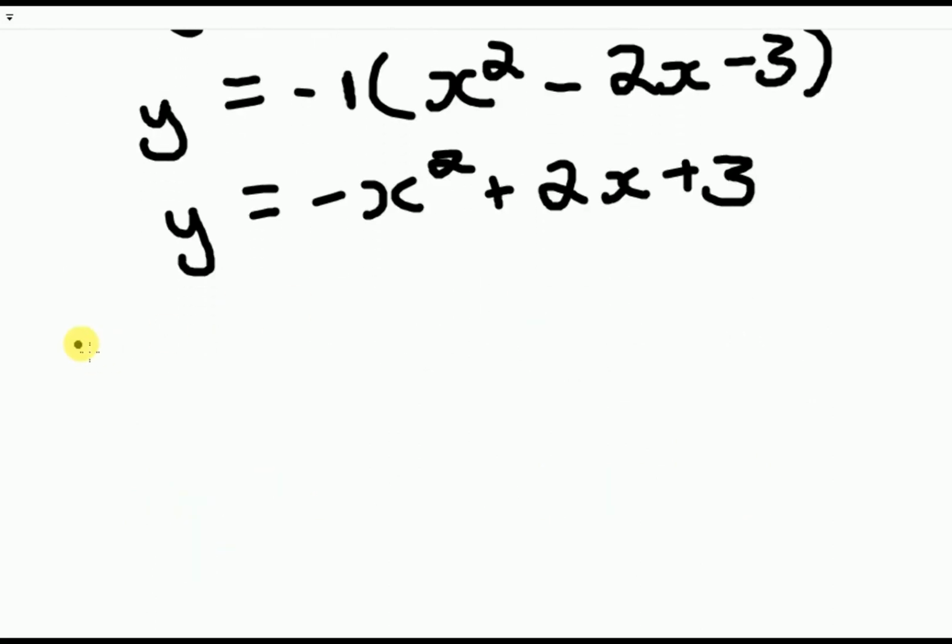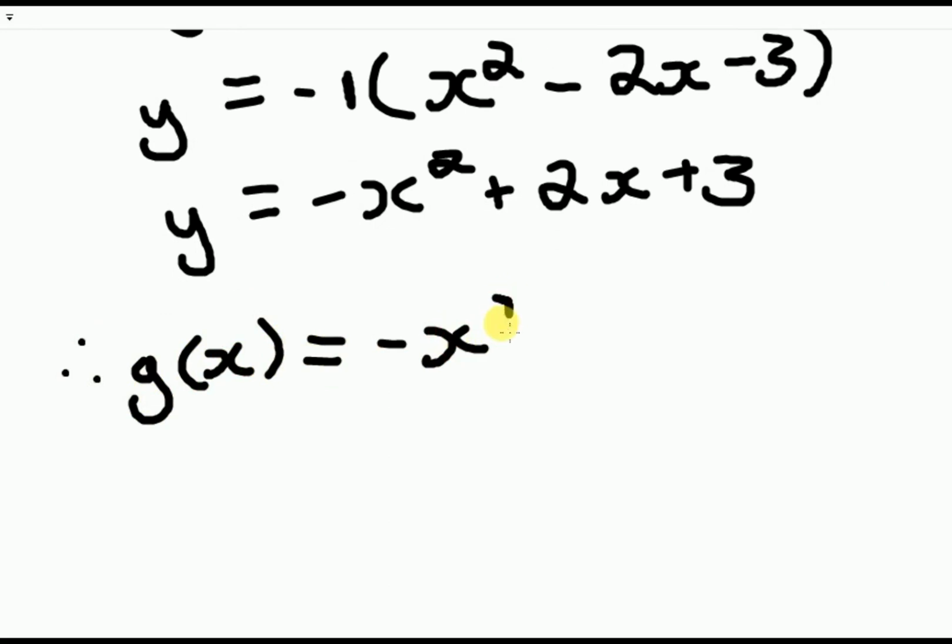So this just means that the equation of g of x is minus x squared plus 2x plus 3.